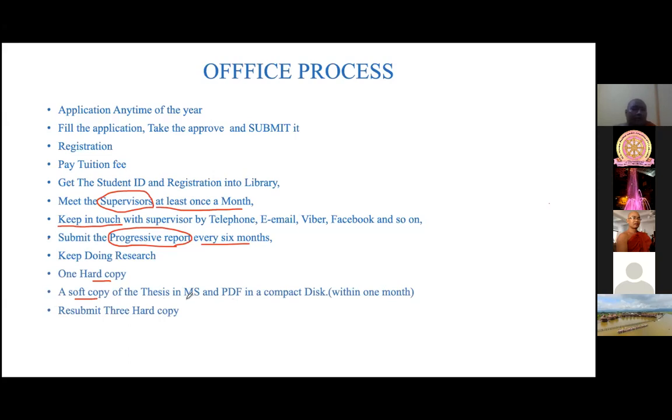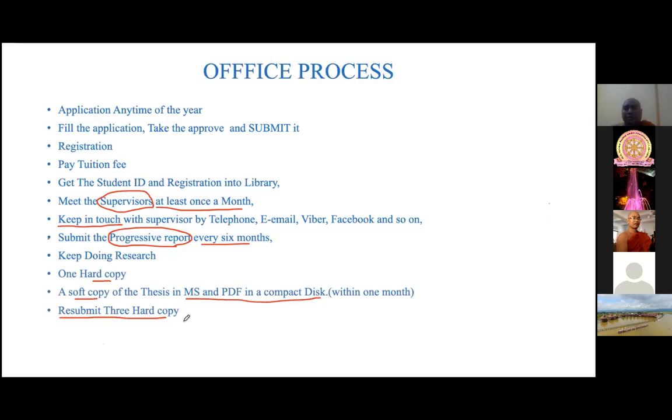They also require you to submit 3 hard copies. After you have done your final presentation, you have to submit 1 hard copy to the research unit. Then, after they accept it, they check your research for maybe 1, 2, or 3 weeks. After that, you can take back your hard copy.